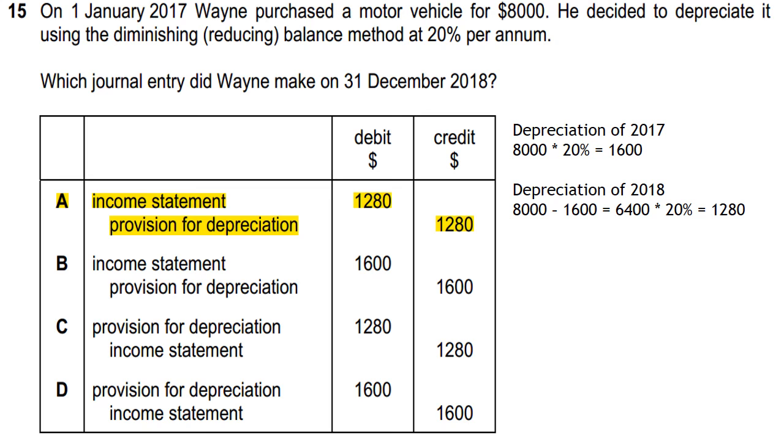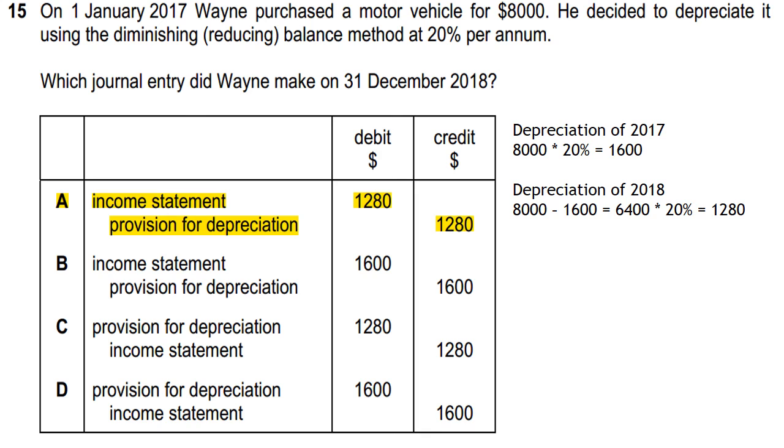1280. How? In the first year of depreciation in 2017, 8,000 multiplied by 20%, so 1600 will be depreciation in 2017, means in the first year.